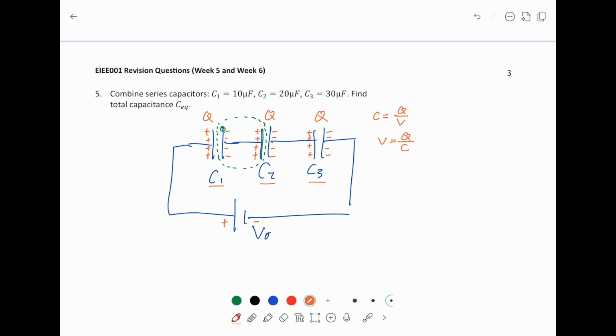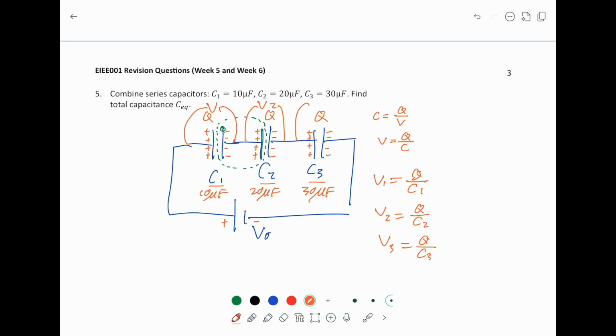V1 is equal to Q over C1. Each capacitor has the same charge Q. Say C1 is 10 microfarad, C2 is 20, and C3 is 30. So the voltages V1, V2, and V3 will be different, but the charge is the same.